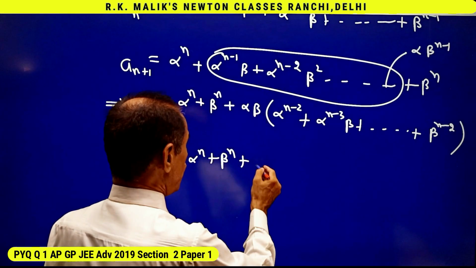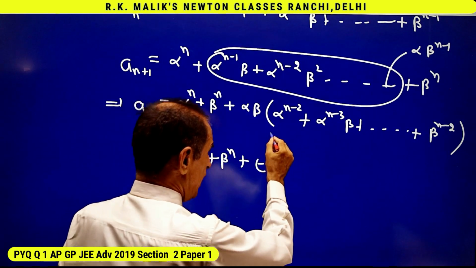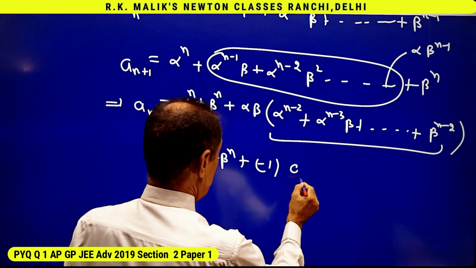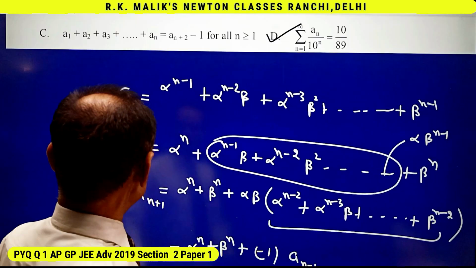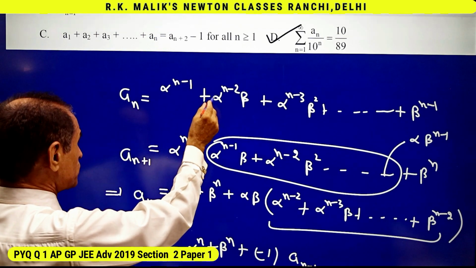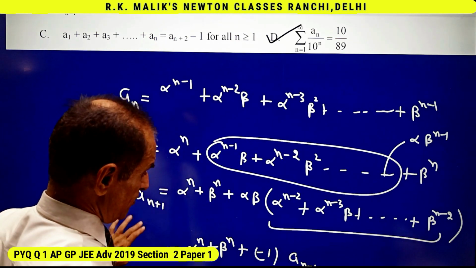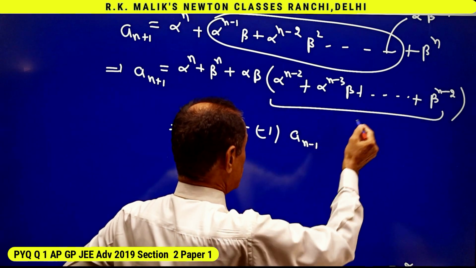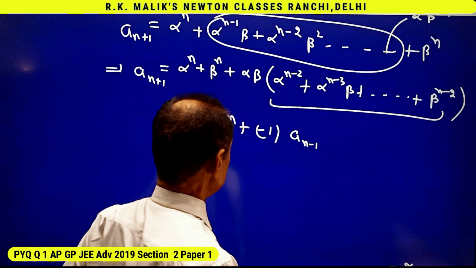We know that the value of alpha beta is minus 1, and it is clearly A(n−1), because when the power was alpha to the power n minus 1 and so on, the name was An, and when the power is n minus 2 and so on, the name will become A(n−1).